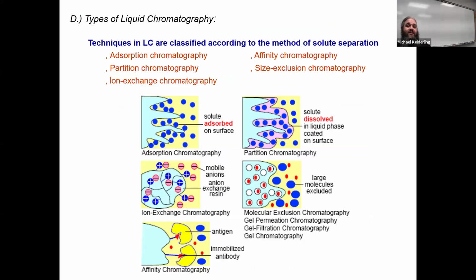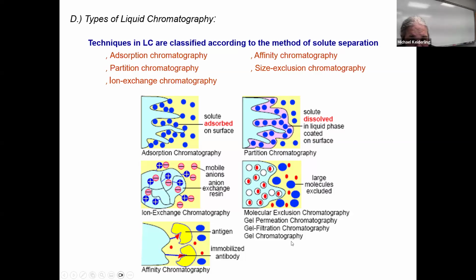Now, types of liquid chromatography are classified according to the method of solute separation. There's adsorption chromatography, where the solute is adsorbed on the surface. Partition chromatography, where the solute gets dissolved in a liquid phase that is coated on the surface. Ion exchange chromatography, where mobile ions interact with an ion exchange resin.